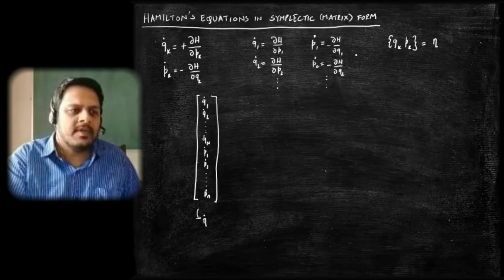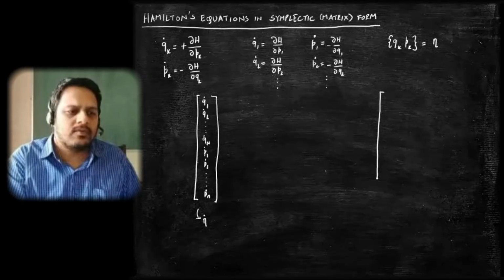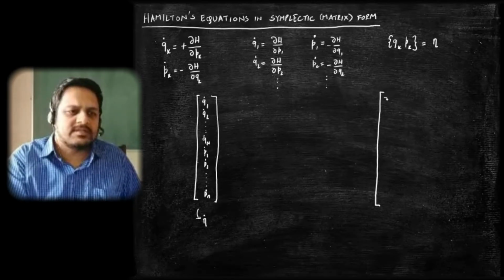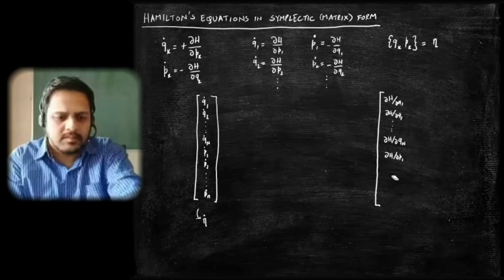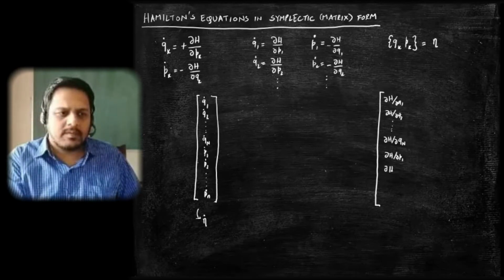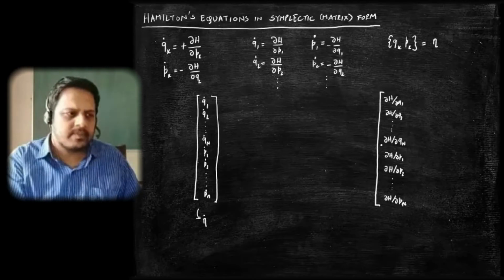And I know that these are related to these: ∂H/∂q1, ∂H/∂q2 up to ∂H/∂qn, and similarly ∂H/∂p1, ∂H/∂p2, up to ∂H/∂pn.